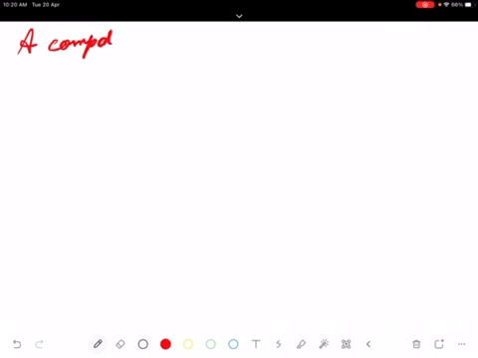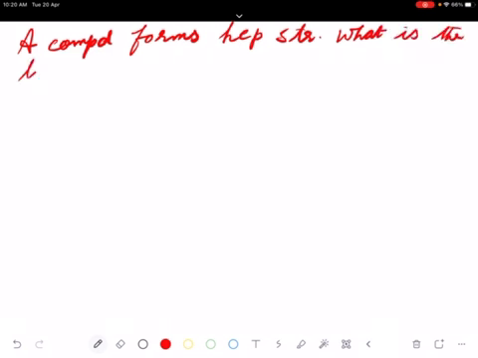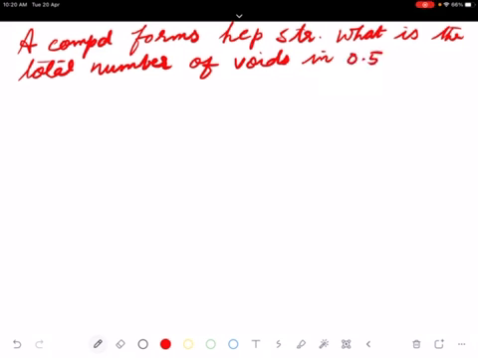A compound forms HCP structure. What is the total number of voids in 0.5 mole of it?